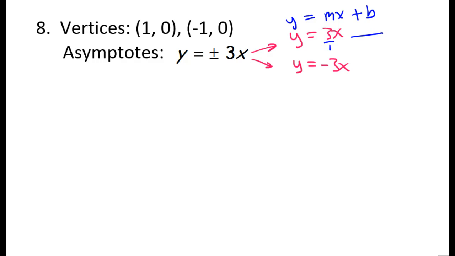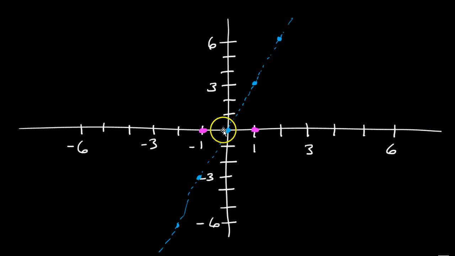The other asymptote is also passing through 0, but it's down 3 right 1. The negative 3 over 1 means that it is down 3 and right 1. So if I wanted to draw that asymptote, down 3 right 1, it would be like this.